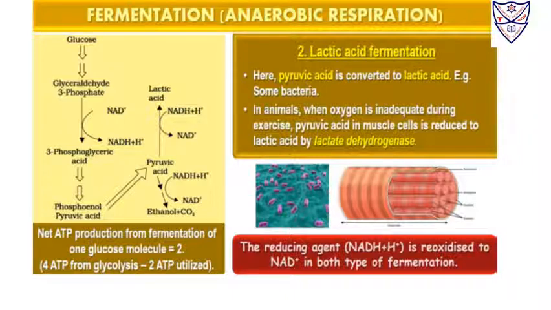Whenever we exercise, we often see that we have cramps in our muscles. That is because of lactic acid formation in our muscle. Here, the reducing agent is reoxidized to NAD plus in both types of fermentations.